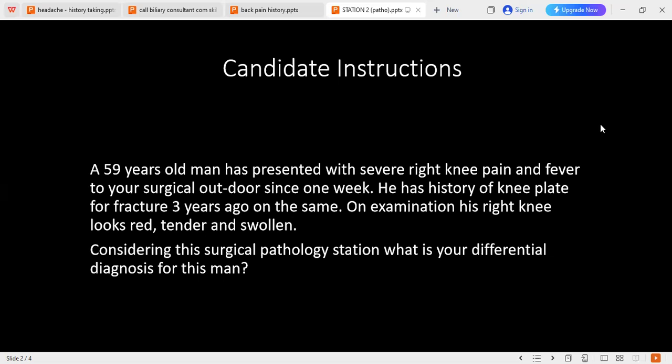Chronic osteomyelitis can result in bony fracture or formation of a sinus, which can lead to prolonged infection. Bony fracture. Are you trying to say pathological fractures? Yes. Okay, pathological. Come one step a little earlier.